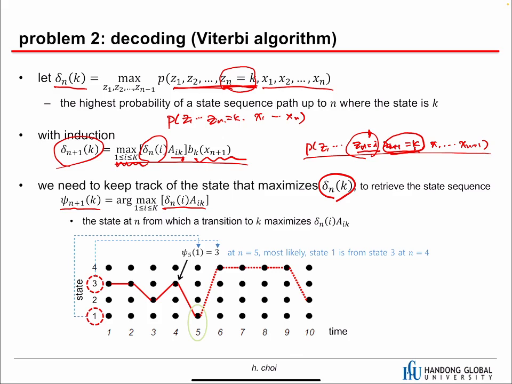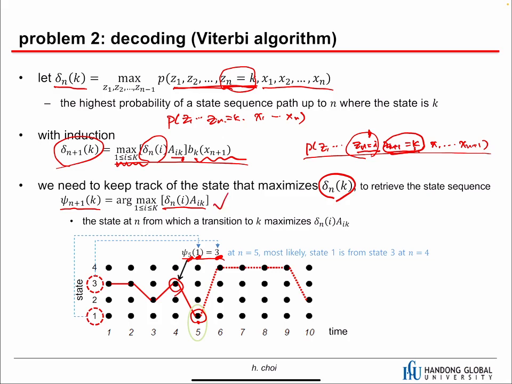For example, psi 5 of 1 is 3, which means at time step 5, if we are at state 1, then most likely the state 1 is from state 3 from the previous time step. Okay, so if we are at a certain state at the current time, then we know what is the best state in the previous time step.